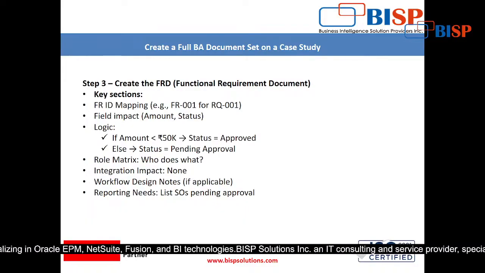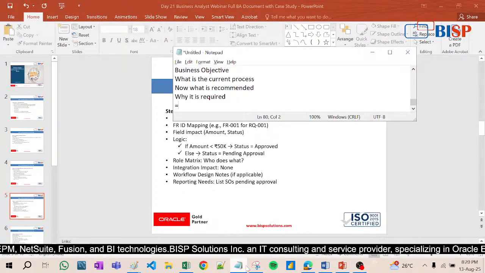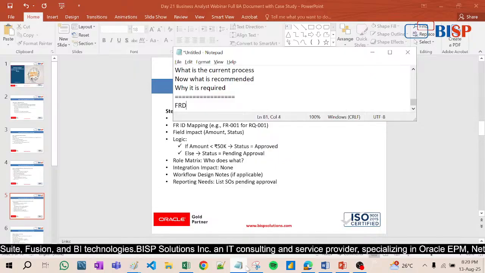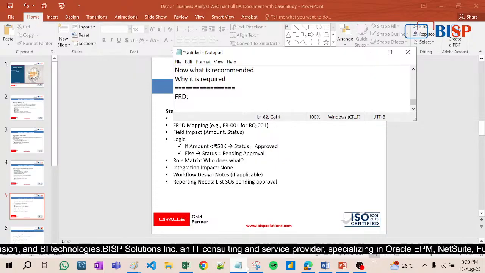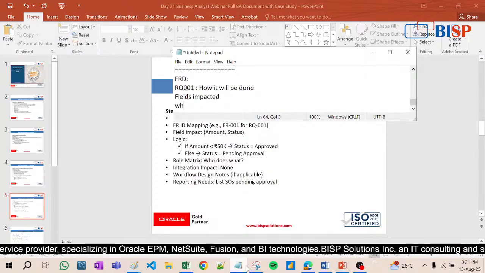So let's do this also. If we need to write FRD, RQ001, how it will be done, then fields impacted, who will be involved, right?